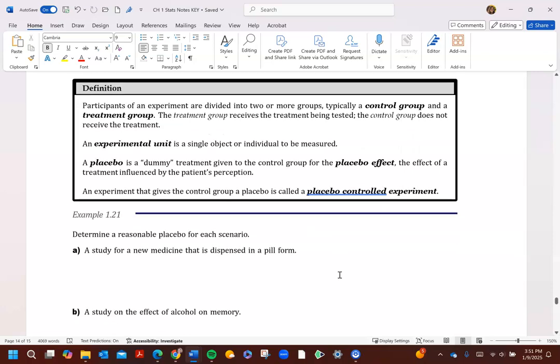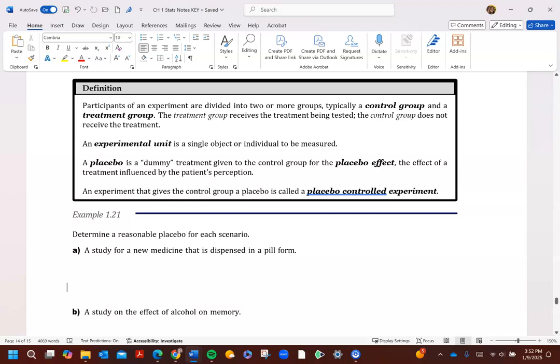So let's see if we can determine a reasonable placebo for each scenario. This is example 1.21. A, a study for a new medicine that is dispensed in a pill form. B, a study on the effect of alcohol and memory.